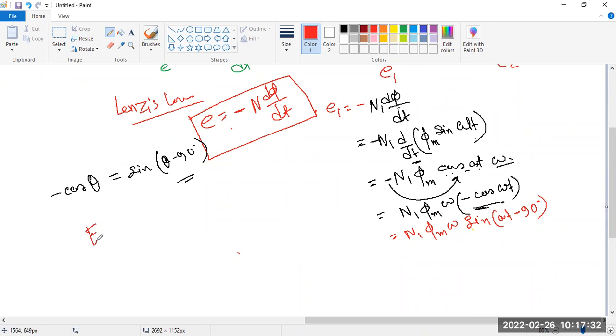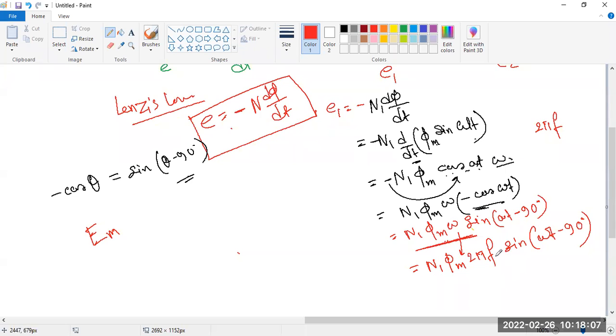E is given over there as em, because it is dealing with the maximum flux. Omega also means 2 pi f, so we can write n1 phi m 2 pi f sine omega t minus 90.